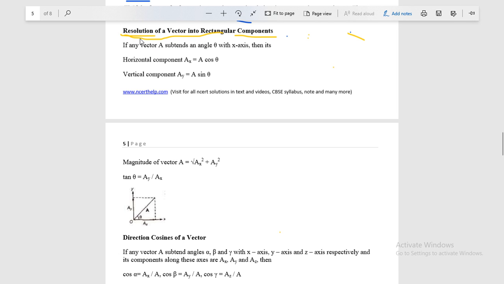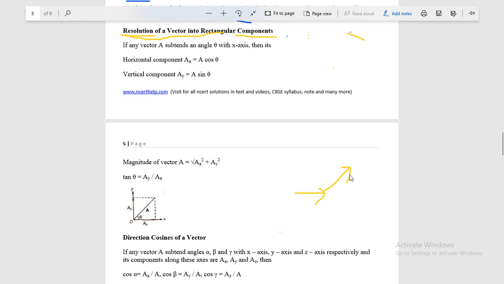The meaning of resolution is the breaking of a vector, or you can say it is the reverse process of vector addition. You know that in vector addition you have two vectors A and B, and then you can add these two vectors by vector addition, the triangle or parallelogram law.